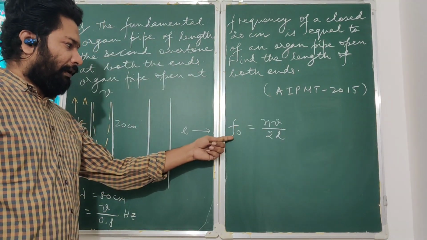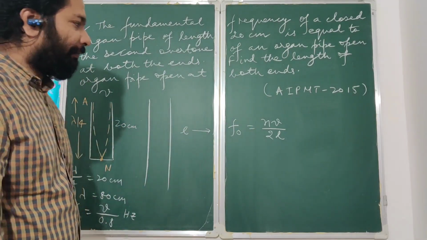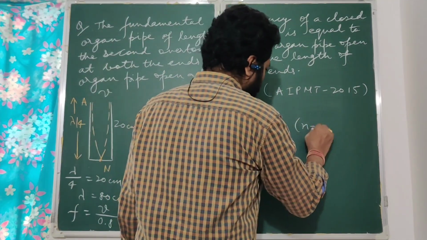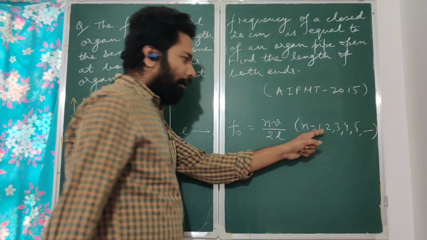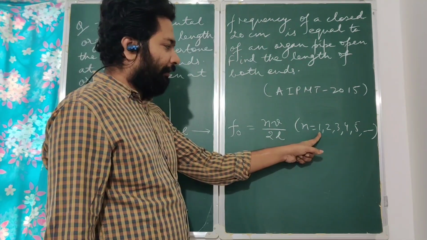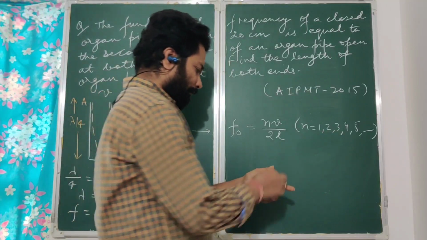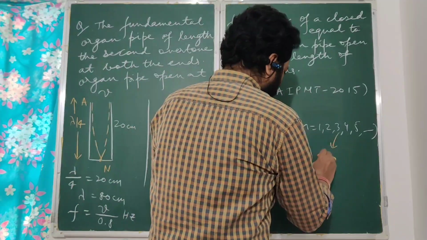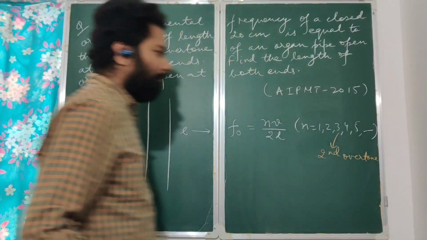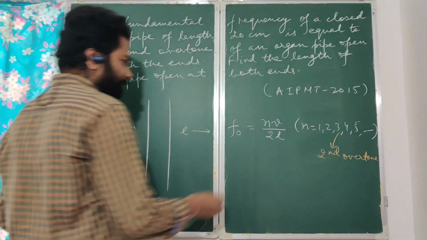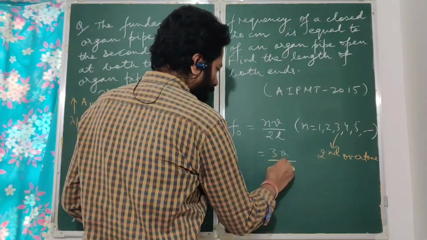The frequency in general form we can write as nV by 2L, where n is equal to 1, 2, 3, 4, 5 like this. n is equal to 1 corresponds to fundamental frequency. n is equal to 2 is first overtone. n is equal to 3 is second overtone. So we can write this as 3V by 2L.